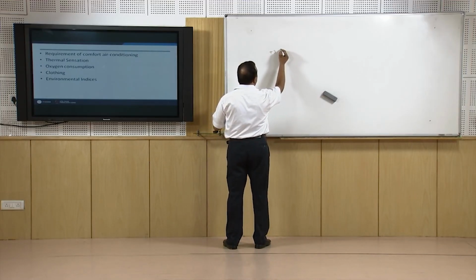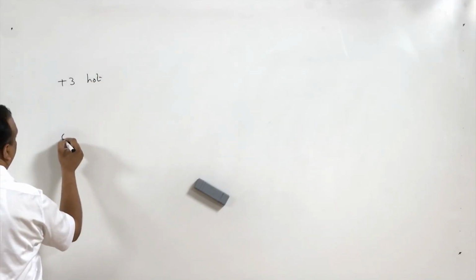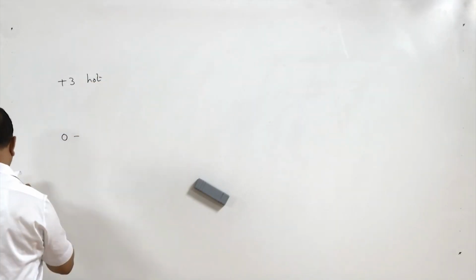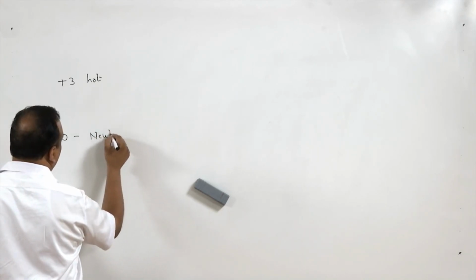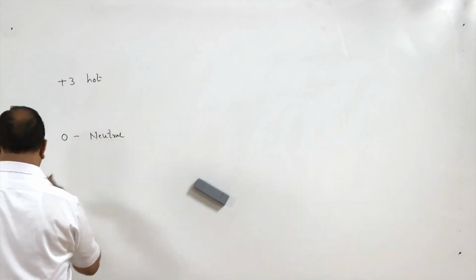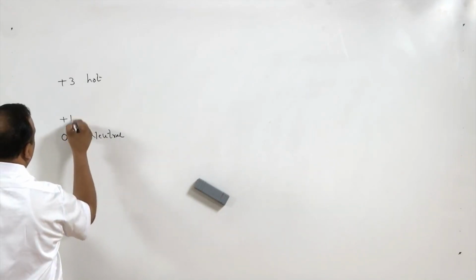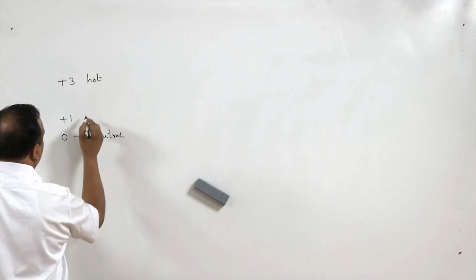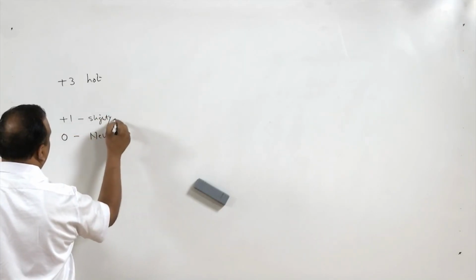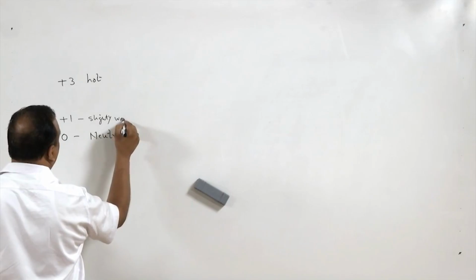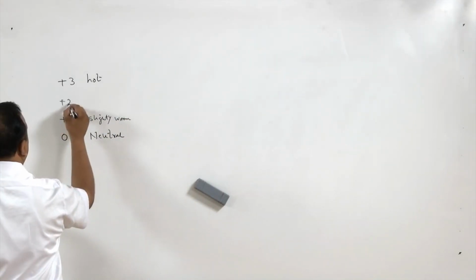+3 is hot. We start with the 0. 0 is neutral. Then +1 is slightly warm. +2 is warm.